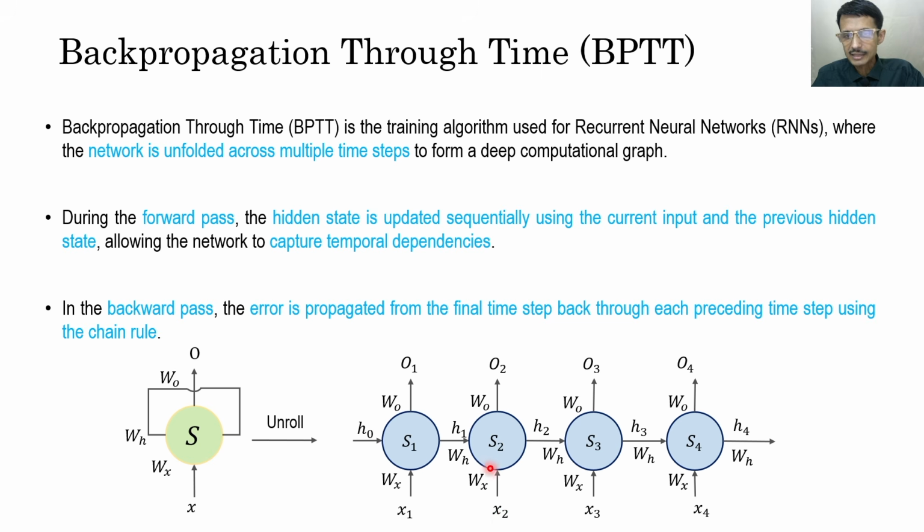This is the present input, and H1 is the previous hidden state input, and this allows the network to capture temporal dependencies. Temporal dependencies mean how x1 and x2 are related, or how x3 depends on x1 and x2, how x4 depends on x1, x2, x3 and so on.